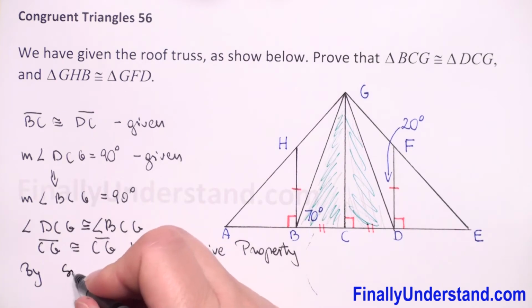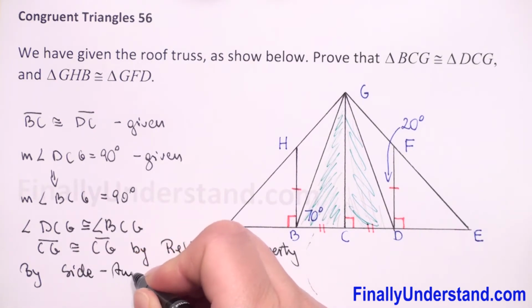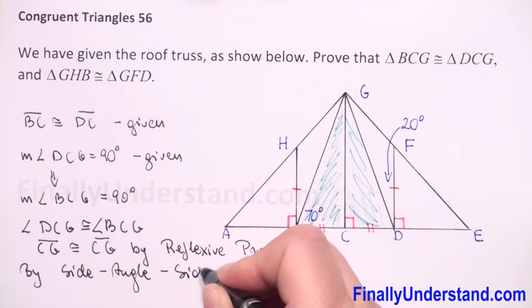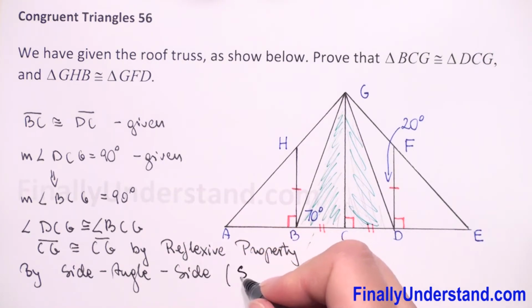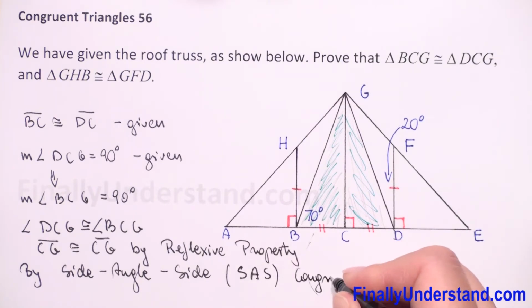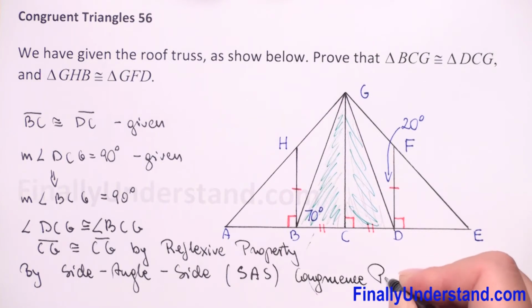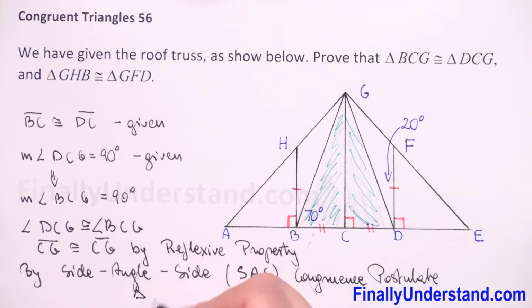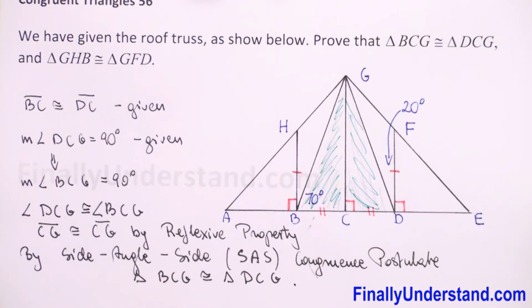So by the SAS congruence postulate, triangle BCG is congruent to triangle DCG. So we show that these two triangles are congruent.